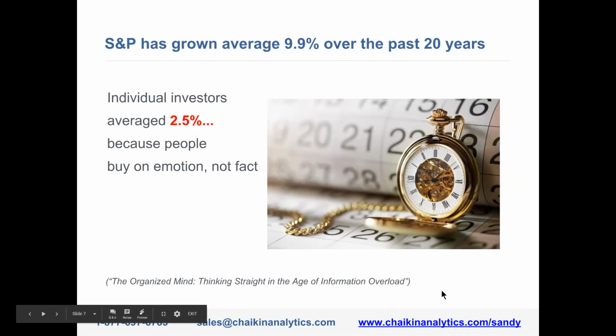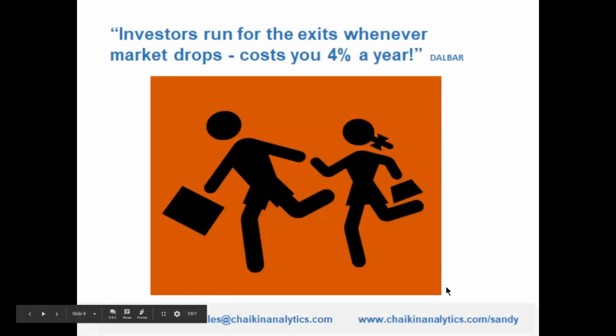And we base decisions, sadly, on emotion, not always on fact. But this is expensive, and this will cost you an average of 4% a year, taken right off the top of your performance. That's a big number, and particularly if you compound it year after year. So it's really important to find a disciplined methodology that you can trust and that you will follow.